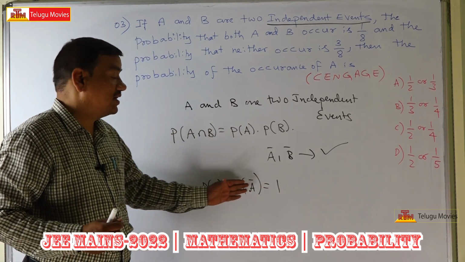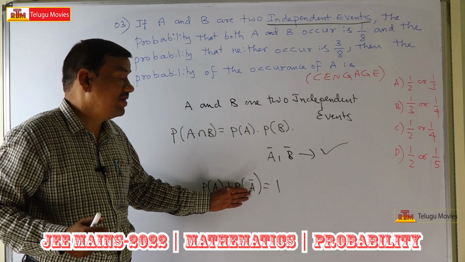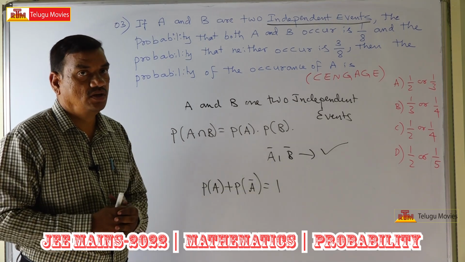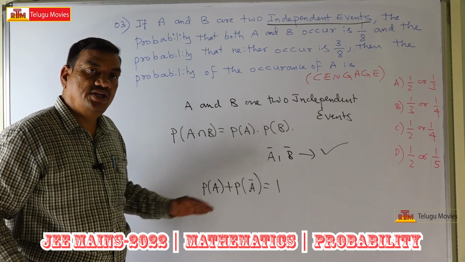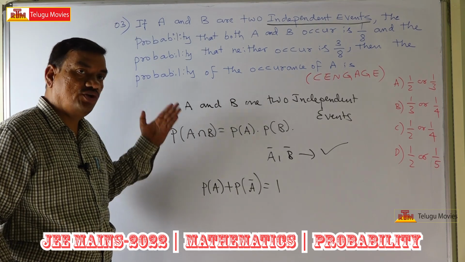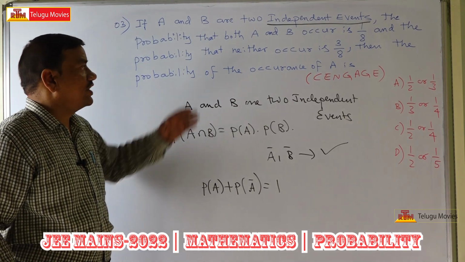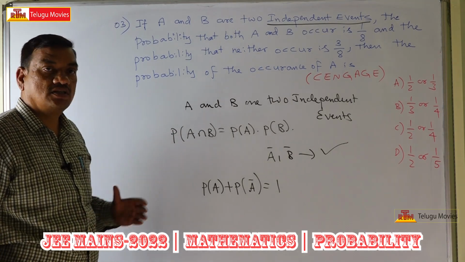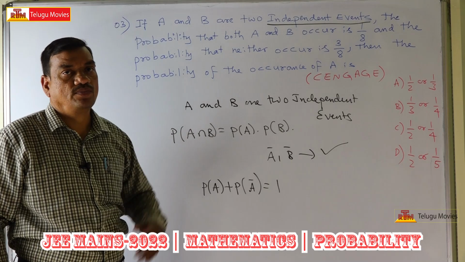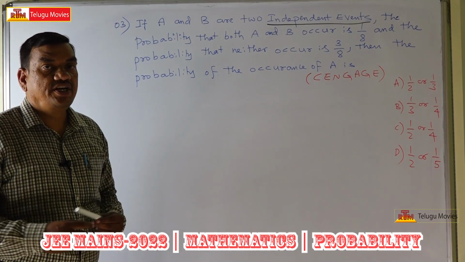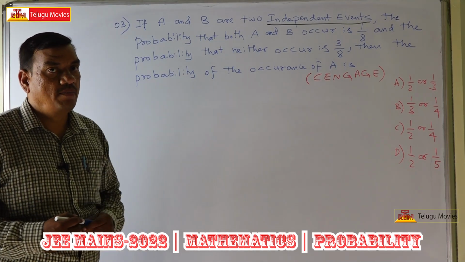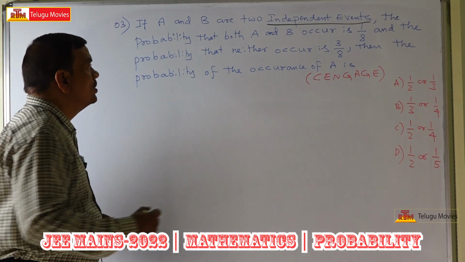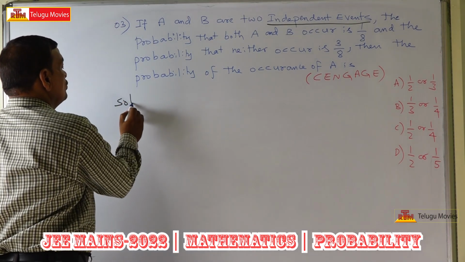If you know all these concepts, we can solve this problem very easily. Okay, now let us solve the main problem. So dear students, welcome to the main solution. Okay, so here, the solution is like this.